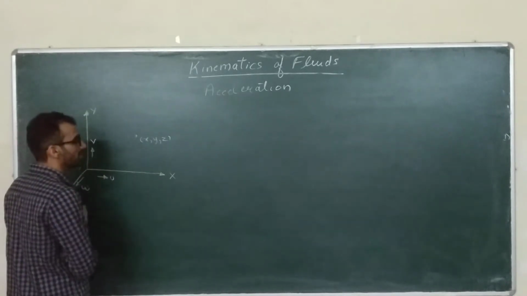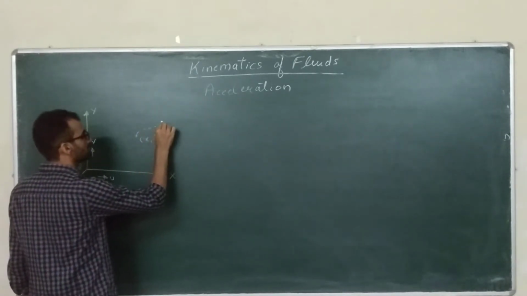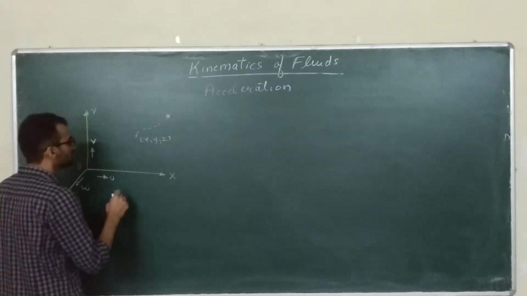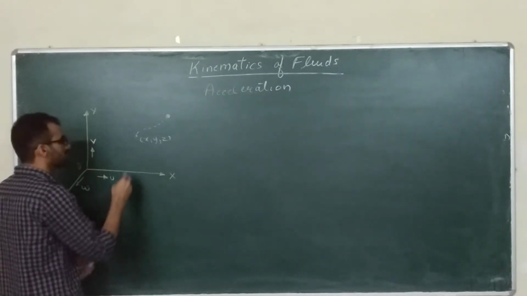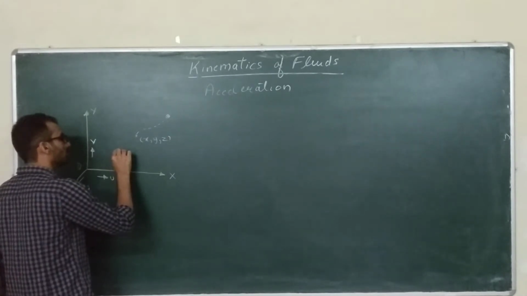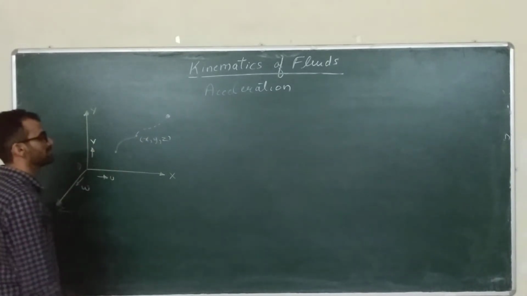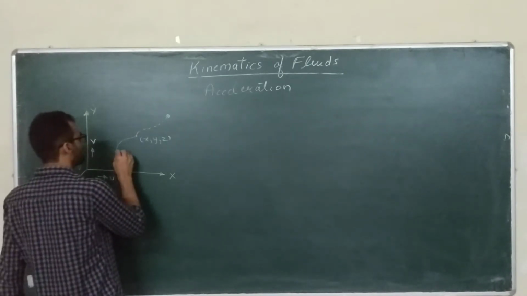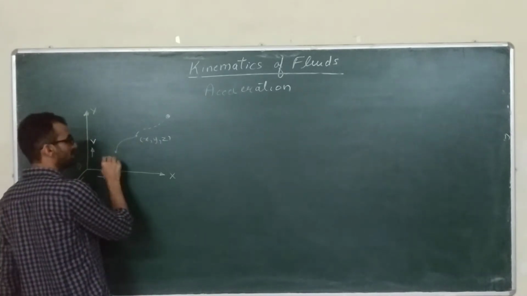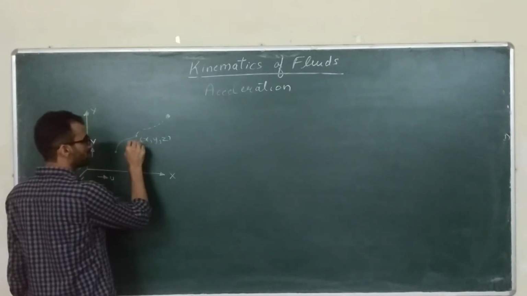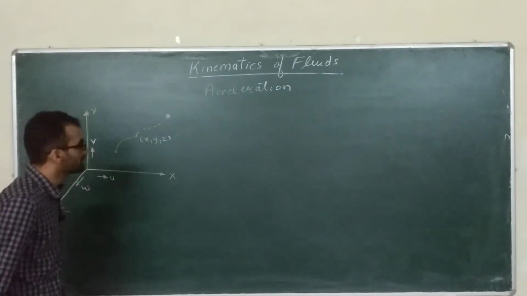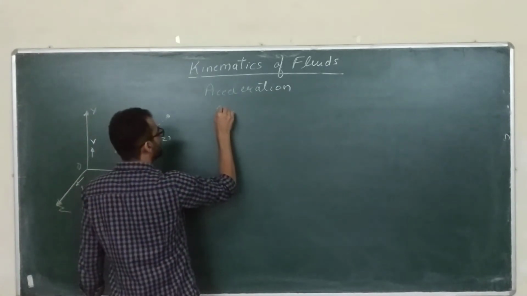There was some particle here, it moved here in delta t, and at the same time some other particle occupied the space at this location. This was the particle which was behind this, it occupied this space, and the particle which was here initially went here.